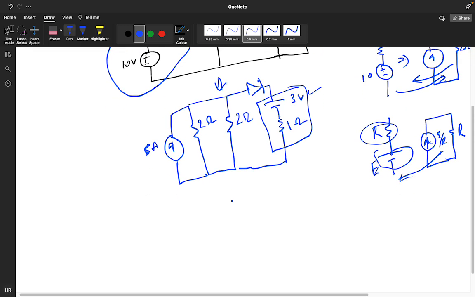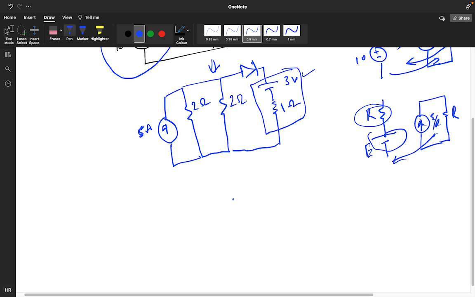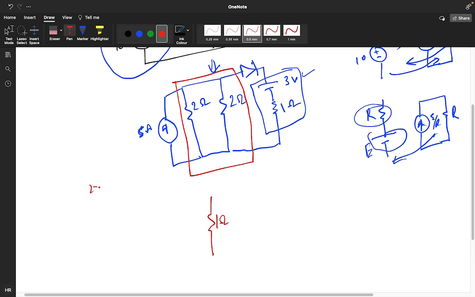Okay. So here we can see now this 2 ohm and this 2 ohm are in parallel. So what will be the equivalent? 1 ohm. 2 into 2 divided by 4, you will get 1. And you are getting this as a 5 ampere.